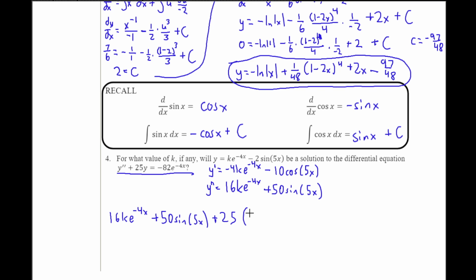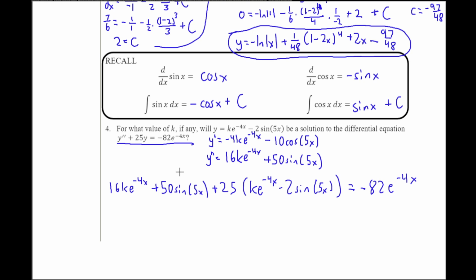Y is what we have right here, so it's plus 25 times (k e to the negative 4x minus 2 sine of 5x) equals negative 82 e to the negative 4x. This kind of looks ugly right now, but you'll see later things will cancel out very nicely.